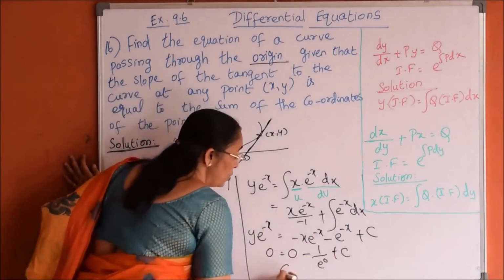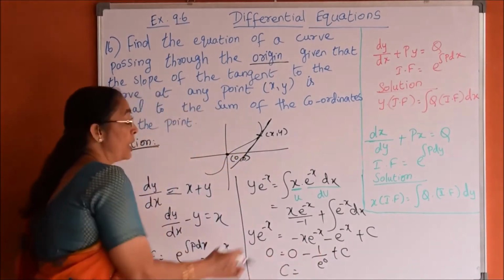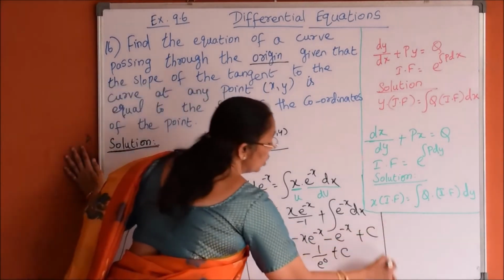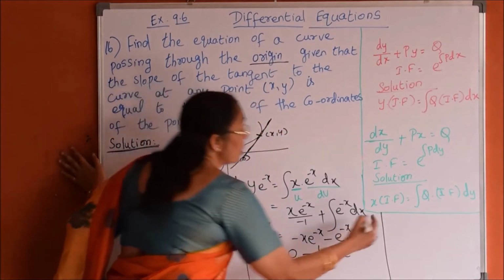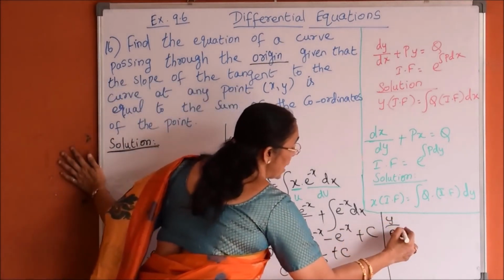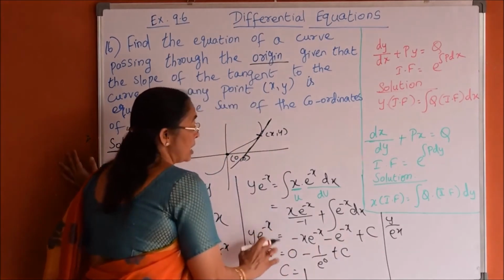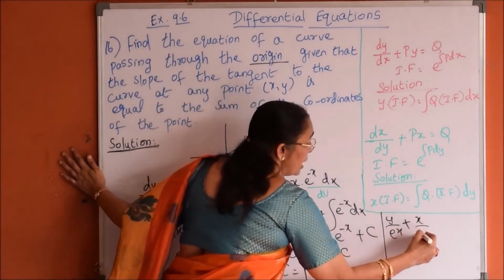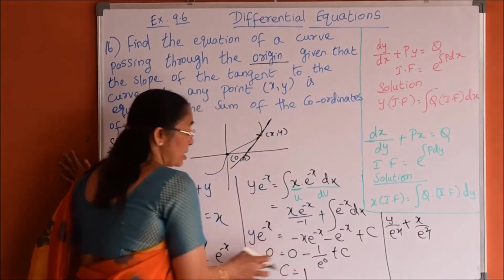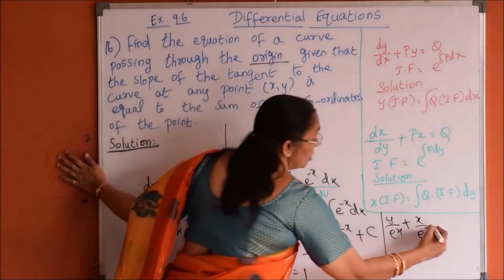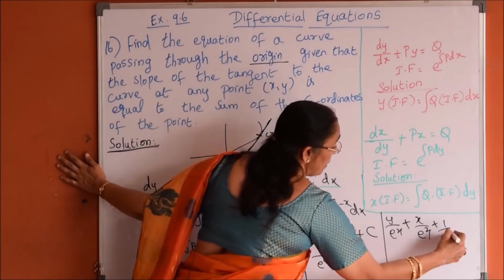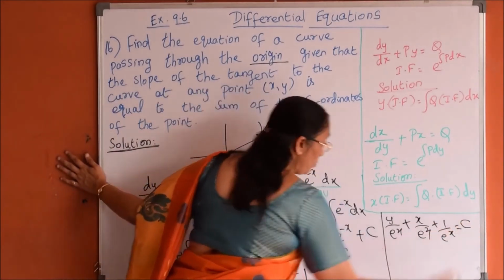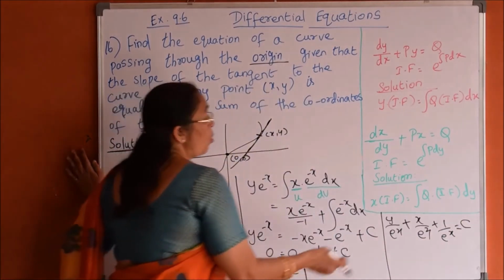So c value is nothing but e power 0 is 1, c minus 1 is 0 implies c is equal to 1. So our final solution, y by e power x, I am writing y e power minus x as y by e power x plus x by e power x, I brought this x this side, and plus 1 by e power x is equal to c. C value is nothing but 1.